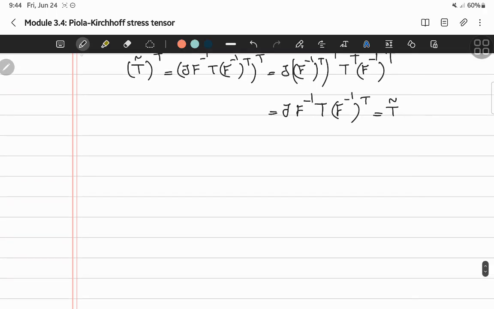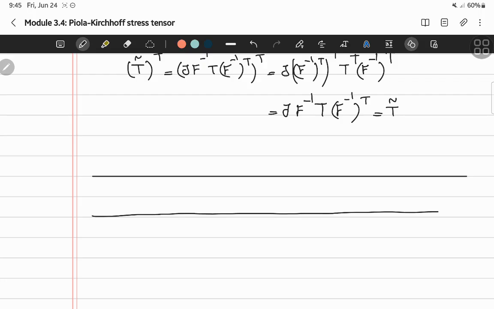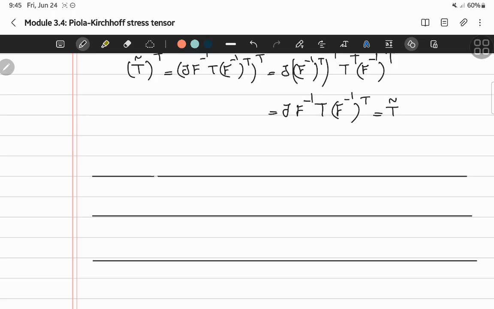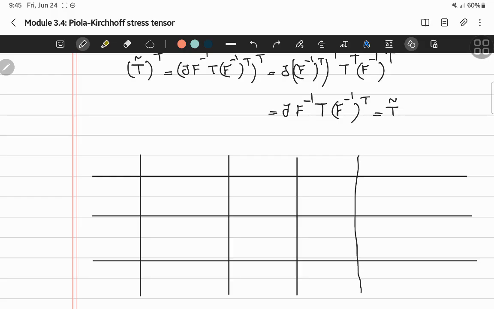So at the end, I guess it might be a good idea to just recap everything into a table. So if I have some rows like this, this one should be a bit longer.